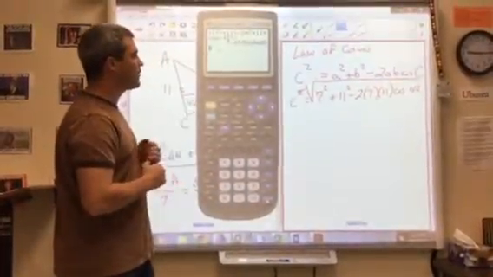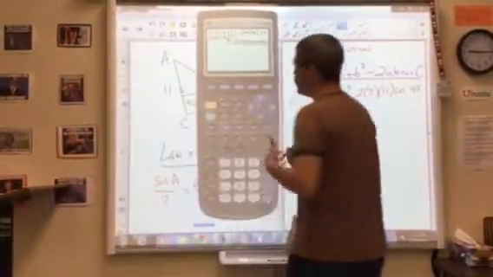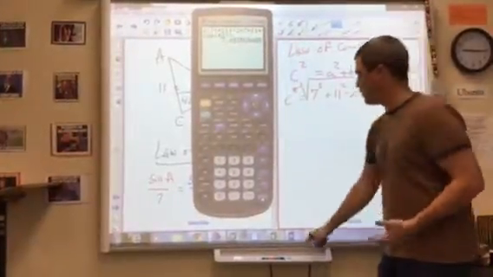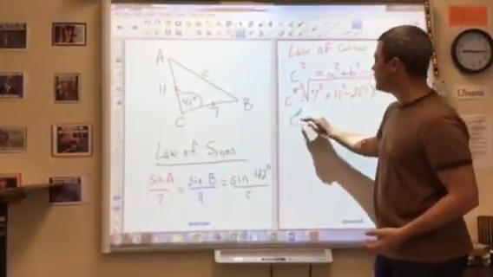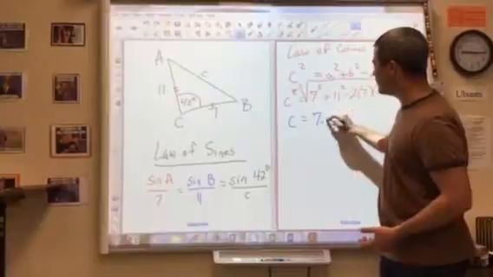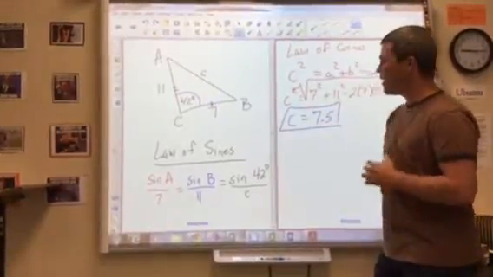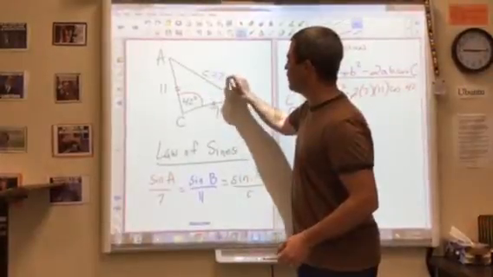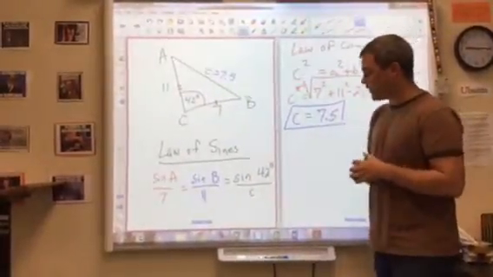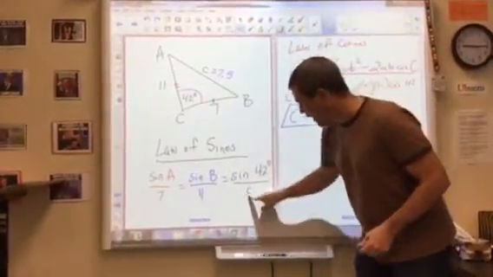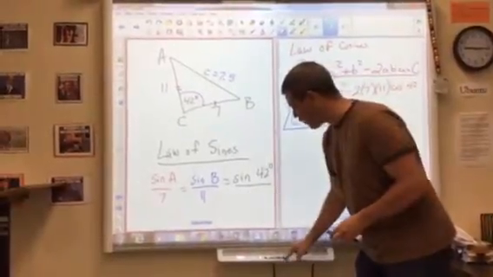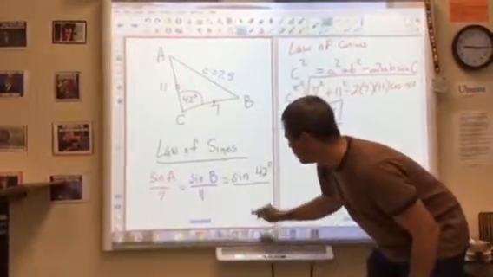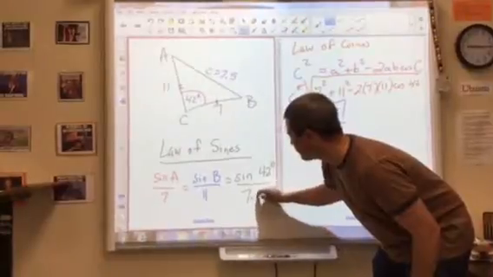So when I get the answer for C, normally you round it to the nearest tenth. So in this case, I could say C is equal to approximately 7.5. And I'm going to go ahead and plug that back in to my triangle. Now that I've solved for C, I can go ahead and solve the rest of my triangle using the law of sines.